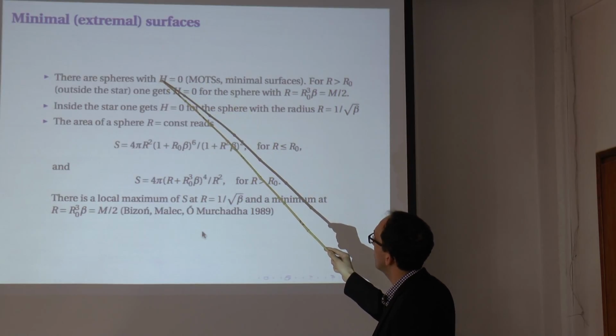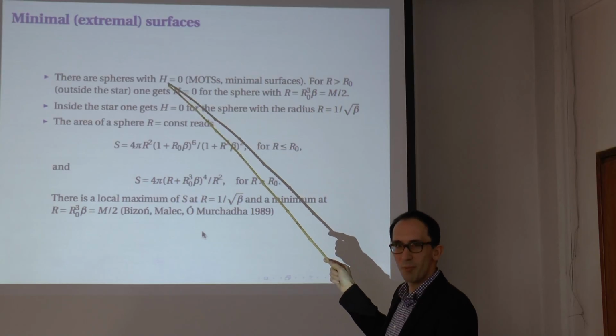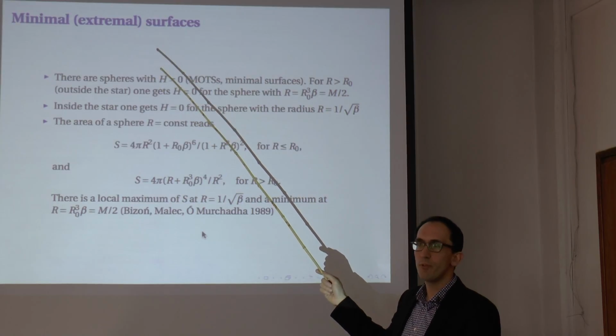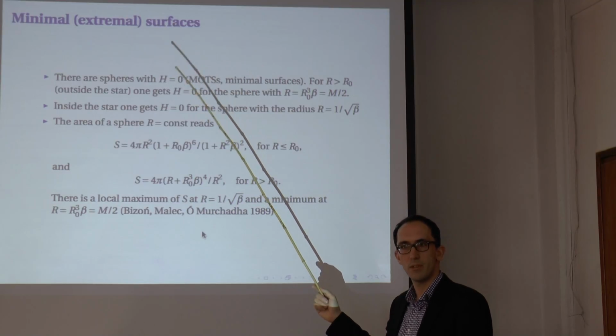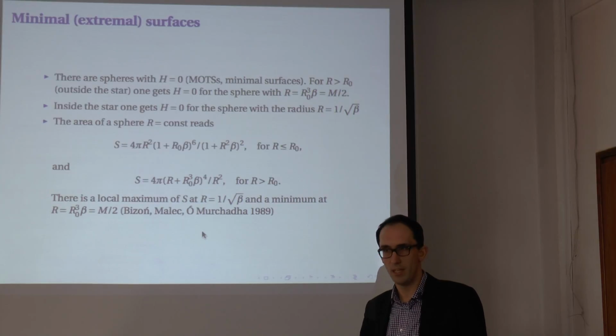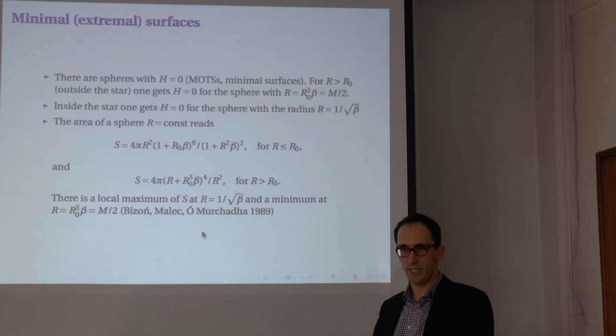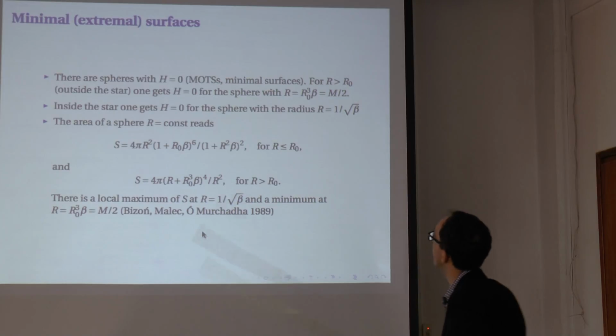There are spheres with H being 0. They are also minimal. So if we are talking about MOTS here, we could equally well talk about minimal surfaces because Kij is 0, so the only characterization is in terms of the mean curvature.